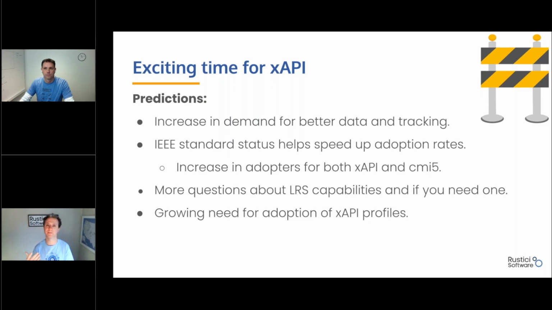It helps vendors have the confidence that I'm not going to go do all of this work and implement this thing that no one's going to use. This is going to be the path, and it is well vetted and has a very solid foundation. That will help increase the adopters for both xAPI and CMI5 when this work is blessed and it's finalized and isn't going to change on them overnight.